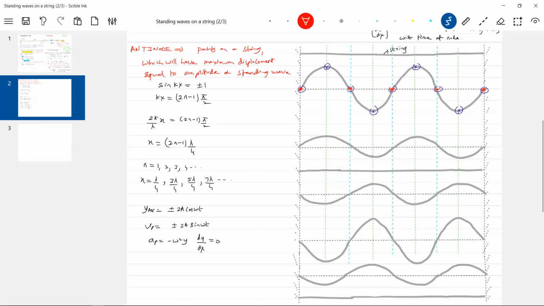So now this same antinode, this is a node.